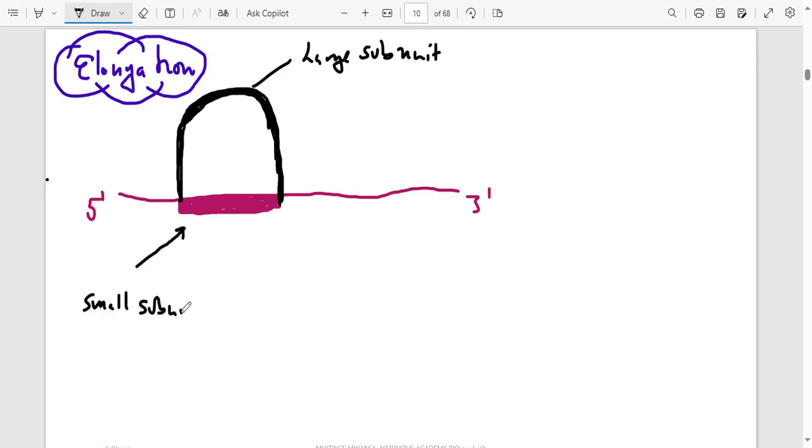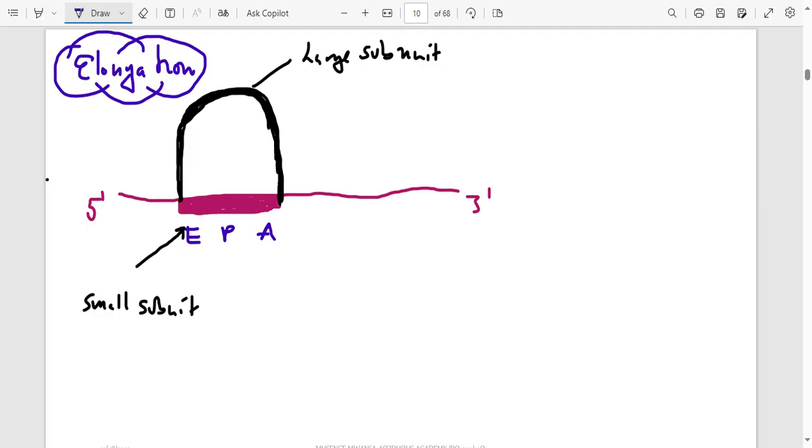Now, one thing that you need to know is that when you form a ribosome, you have got 3 regions. You have got the E site, the P site, and the A site. Each one of these regions has got 3 nucleotides. Don't forget 3 nucleotides. So the E site has got 3 nucleotides. The P site has got 3 nucleotides. And then the A site has got 3 nucleotides also.